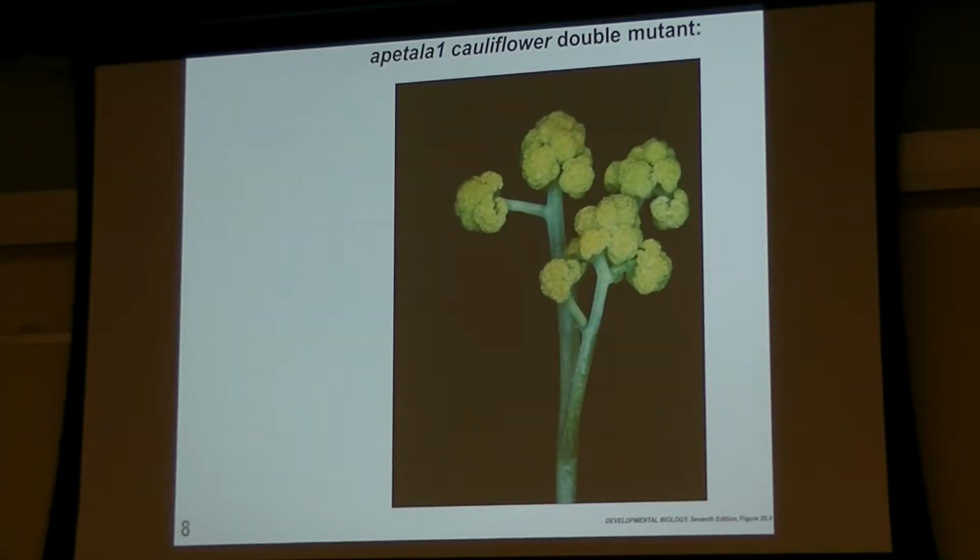Then there's this one, which is also interesting. There's another gene here called cauliflower, and cauliflower on its own actually doesn't make much of a phenotype. You still see more or less wild type looking flowers.